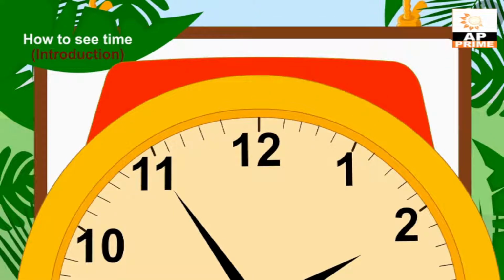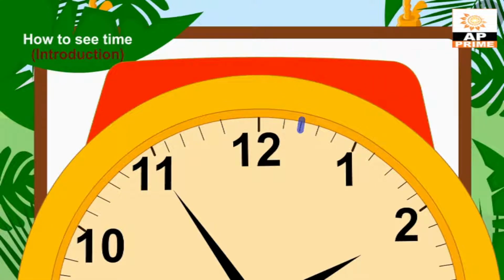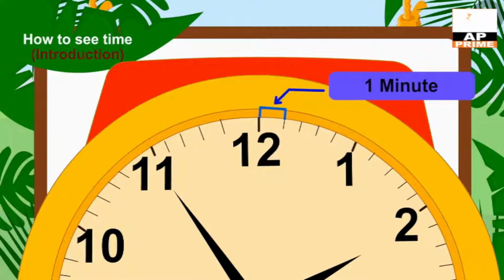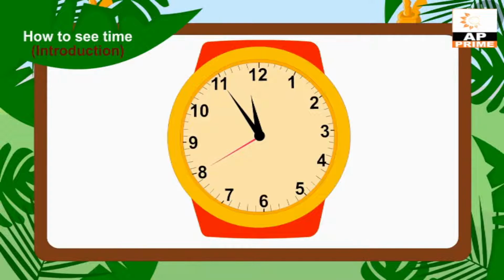And if you look closely, you will find that there are 4 small lines in each part. In this way, every short line is equal to 1 minute. Let us see how we can tell the time in this watch.